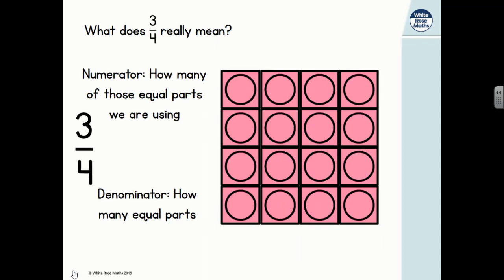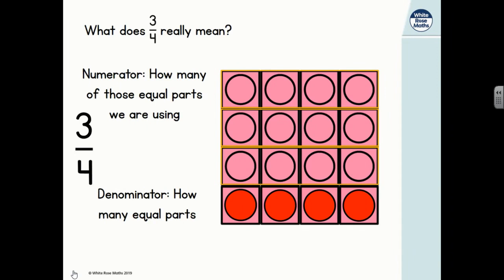Here is a nice array. Now I can see lots of 4s in there. Groups of 4s and 4 equal parts. I'm going to choose these 3. And then this is my 4th equal part. And I'm not going to use the red ones. 16 pieces of Lego altogether there.